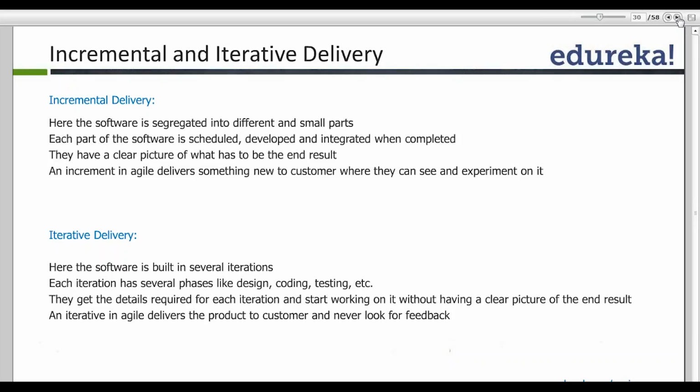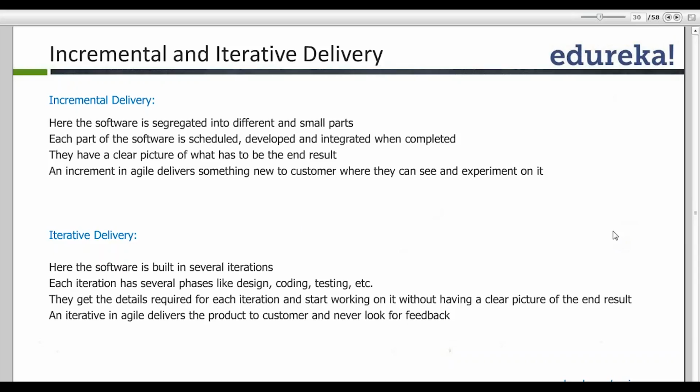Agile projects are incremental and iterative delivery mechanisms, and in such a model, we deliver the product to the customer in iterations. So is the difference clear between iterative and incremental? Iteration is a way of achieving incremental delivery. That's how I would like to put it. Is it clear?